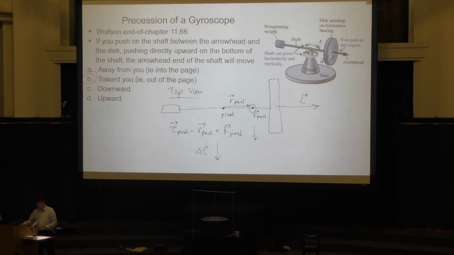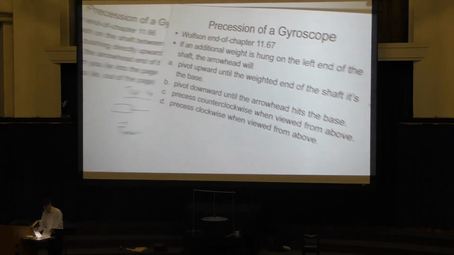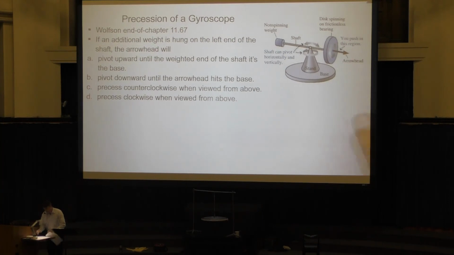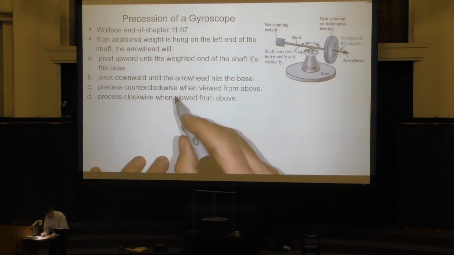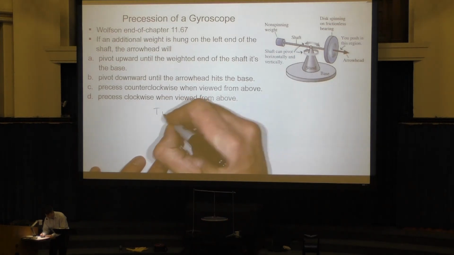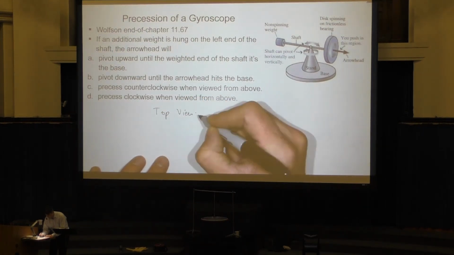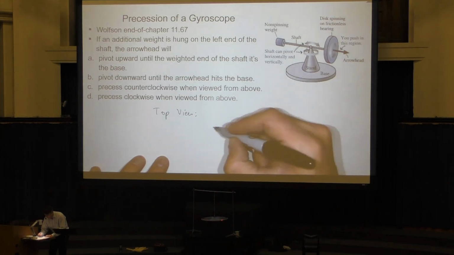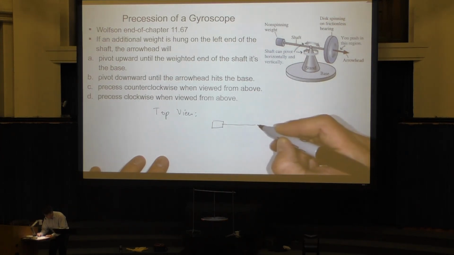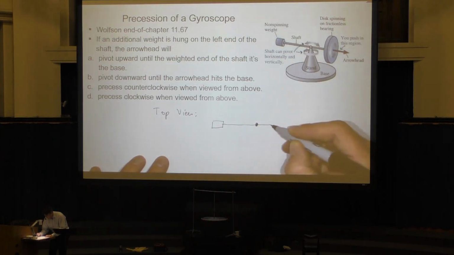And then the next one is, what if instead of a quick little push, you have a constant torque due to gravity? This is 1167. If an additional weight is hung on the left end of the shaft, what will happen to the arrowhead? So again, top view. Here's the pivot.